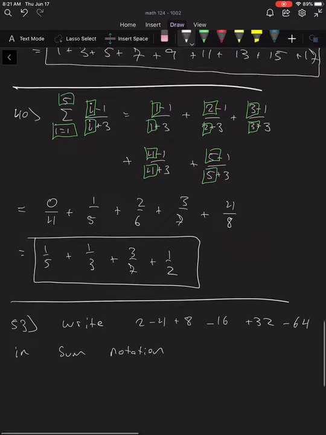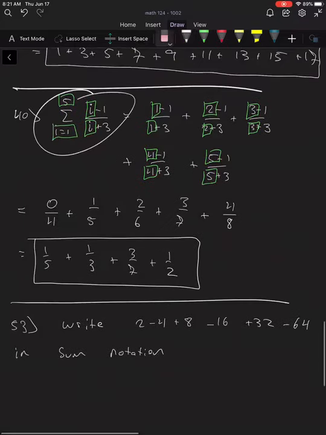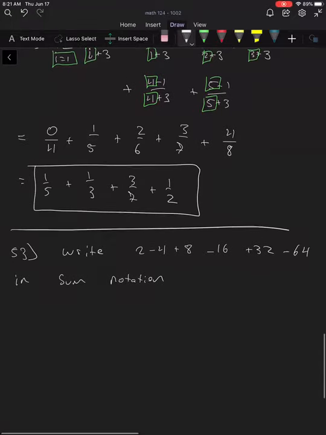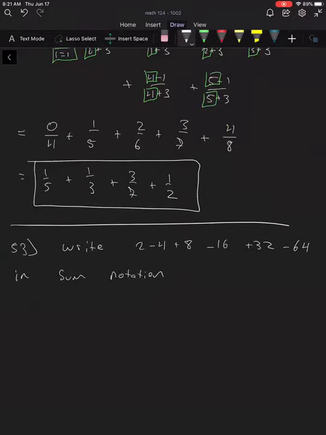Sum notation meaning we want to turn it into this. We're adding up all these numbers, so we can rewrite this as 2, plus -4, plus 8, plus -16, plus 32, and then plus -64.